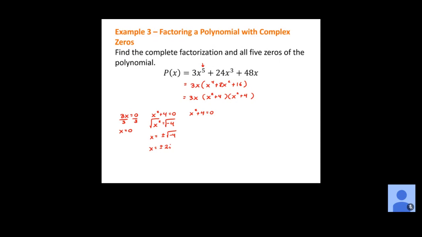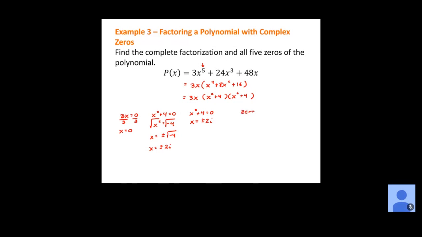All right, and then the x squared plus 4 equals 0 at the end is going to give us what? Same thing, right? Okay, so if we solve this, this is also going to give us x equals plus or minus 2i. All right, so now let's think about the complete factorization with linear factors and all of our zeros here.